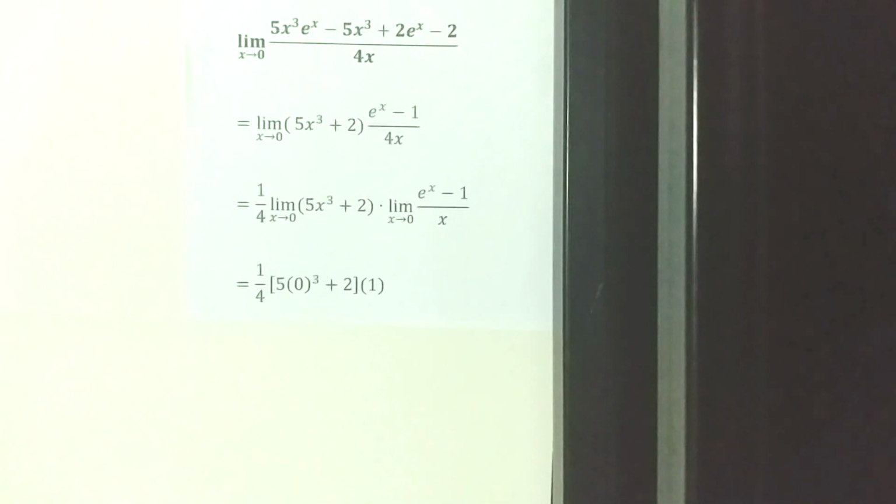So now we have 1/4 times the quantity of 5 times 0 cubed plus 2 times 1, which is equal to 1/4 times 2. So the limit of (5x cubed e to the power of x minus 5x cubed plus 2e to the power of x minus 2) all over 4x as x approaches 0 is equal to 1/2.